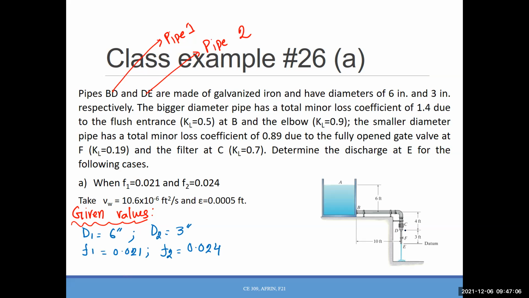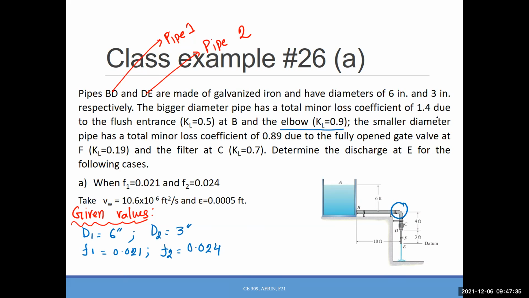So in between B and D, or pipe 1, what are the minor loss sources? What is the obvious one you can see in between B and D, which can create a minor loss? Any irregularities, any obstruction to the flow? The pipe is not straight, right? So that is the very first source, which is the elbow here.